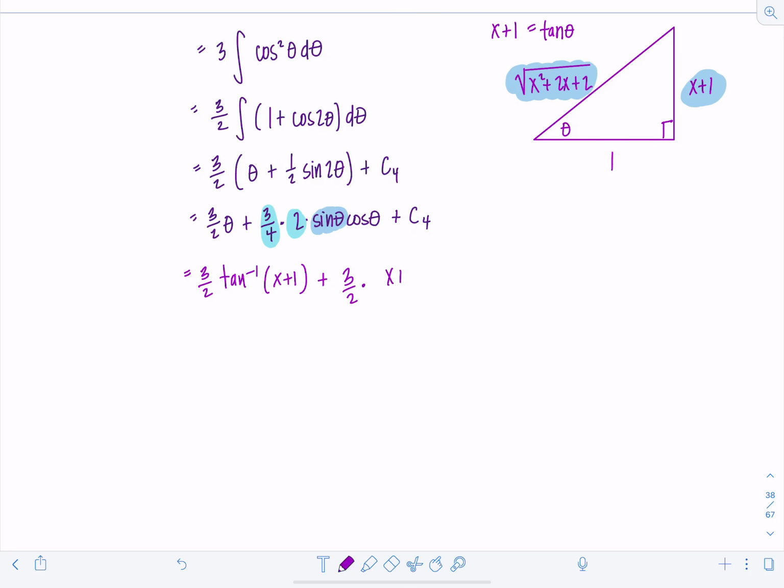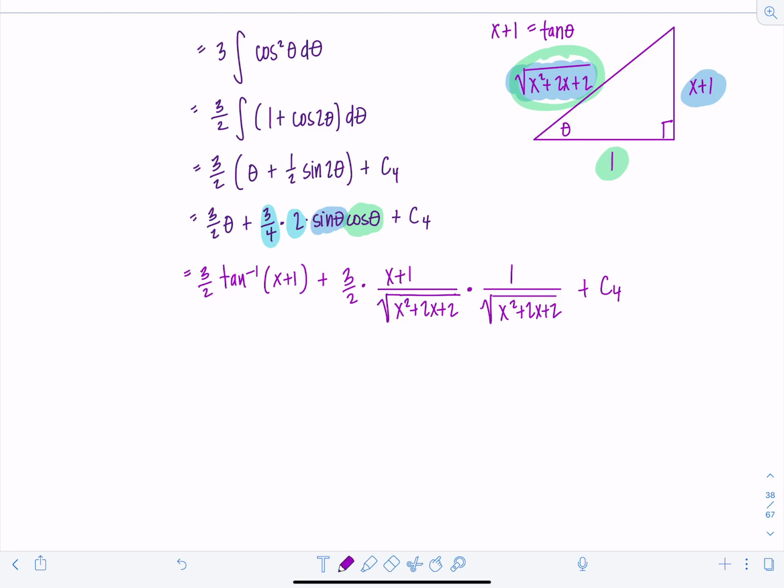So that's going to be x plus 1 over radical x squared plus 2x plus 2 times cosine theta. So cosine theta is going to be adjacent over hypotenuse, 1 over radical x squared plus 2x plus 2 plus C4.